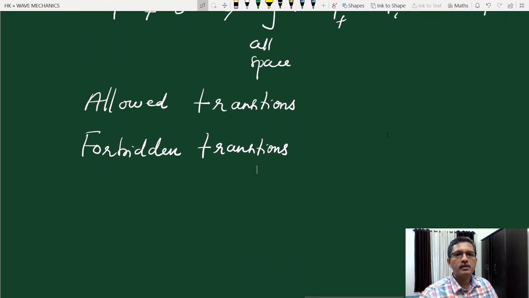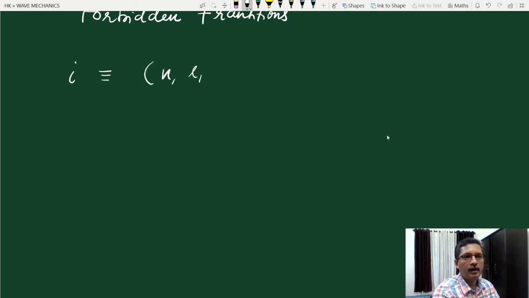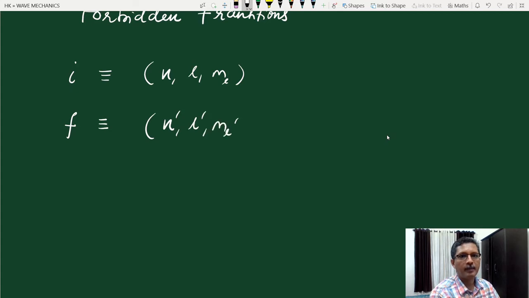Okay, now suppose the full set of quantum numbers for the initial state are n, l and ml: the principal quantum number, orbital quantum number, and magnetic orbital quantum number of the initial state. And the full set for the final state are n prime, l prime, and ml prime. Okay. Then what is the condition for allowed transitions?